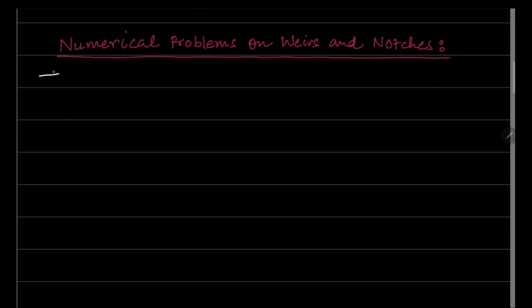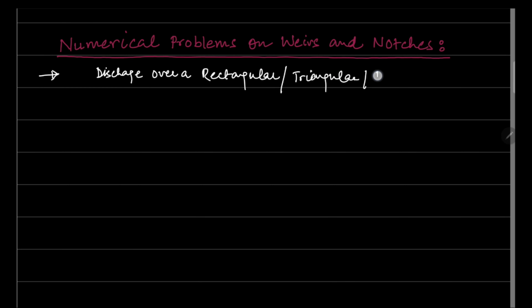In today's lecture, we will see how to solve the numerical problems related to weir notches, and this lecture will consist of the evaluation of discharge over a rectangular, as well as triangular, as well as trapezoidal, and a stepped notch, or you can say weir.